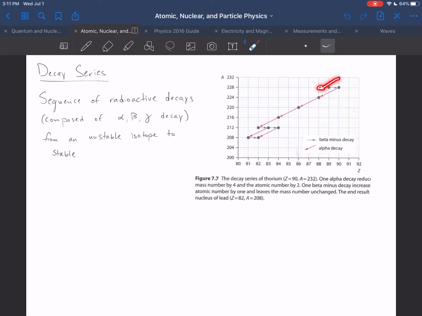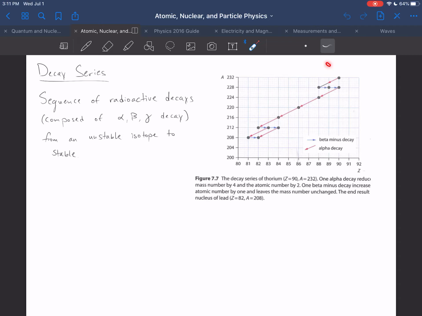Some alpha decays, some beta minus decays, some more alpha decays, and it might even undergo more than one pathway. It can beta minus decay, then alpha decay, then beta minus decay again, or beta minus decay twice, and then alpha decay once. So you'll see more than one path in a decay series.